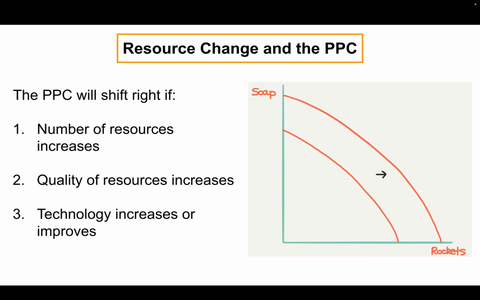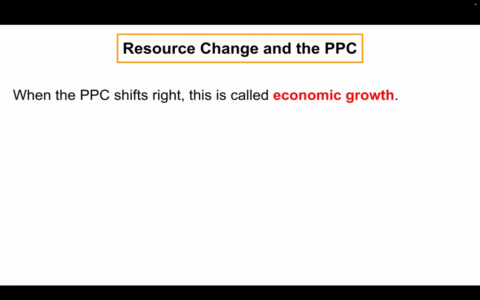And so we shift the PPC to the right, which means the maximum amount of each good that we can produce is increasing. So in this case, we can make more soap and we can also make more rockets at the maximum amounts. And finally, for this video, before we get to the practice, just keep in mind that the production possibilities curve shifting right is also called economic growth.